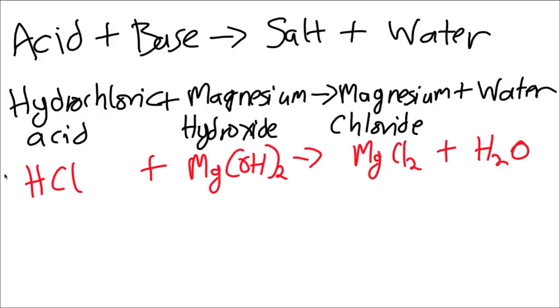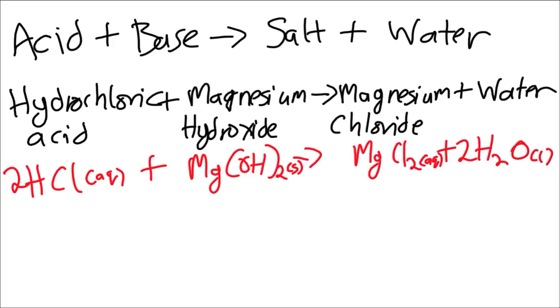We balance this out, we get 2HCl and 2H2O, that will balance it, and then we put in our states. This one is aqueous, this one is a solid, this is aqueous, and this is a liquid. And that's what happens.